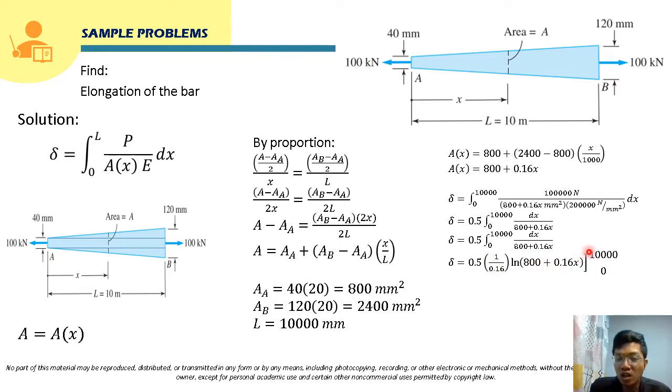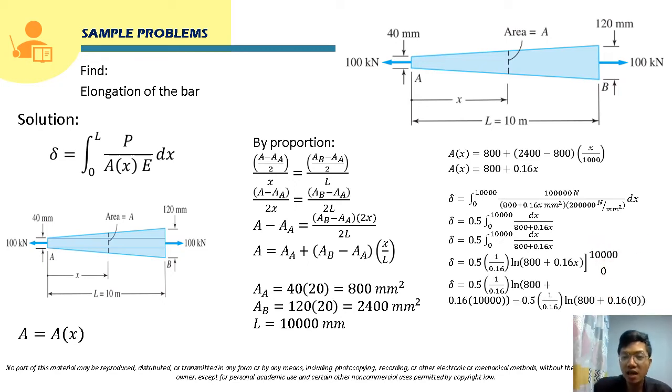Okay, so we will evaluate this from 0 to 10,000. Substituting the upper and lower limit, that's how we solve a definite integral. So this will become 0.5 times 1 over 0.16 ln of 800 plus 0.16, substituting the upper limit, which is 10,000, minus, and then substitute 0 here, so minus 0.5.